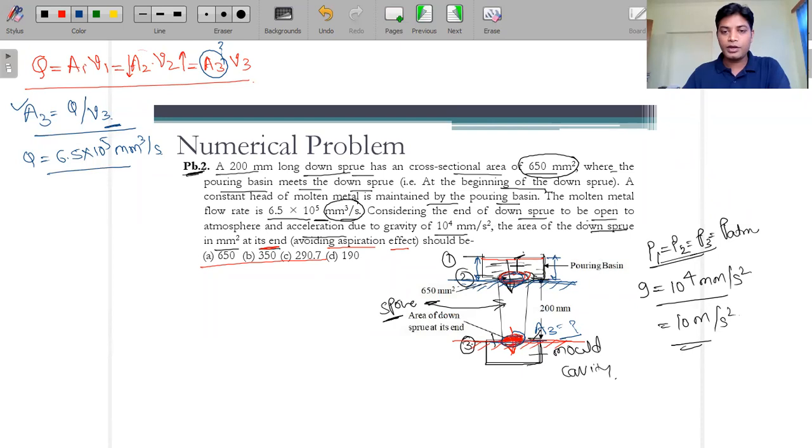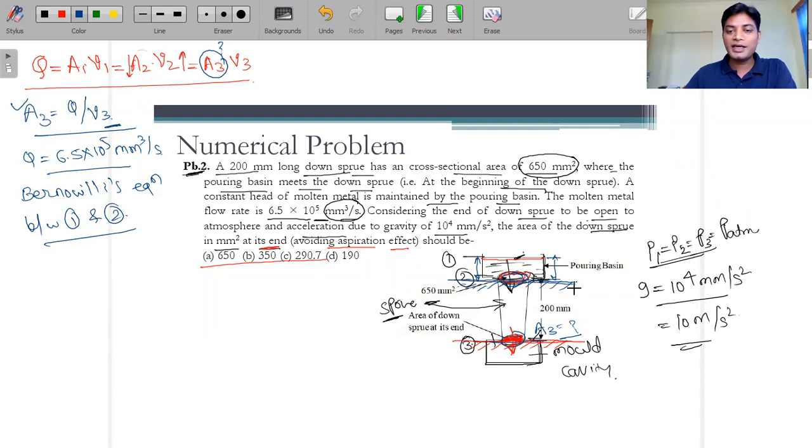Let's try this. I am applying Bernoulli's equation between 1 and 2. So this is the datum level.